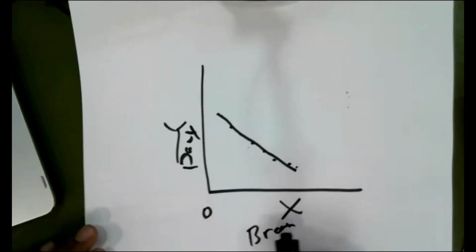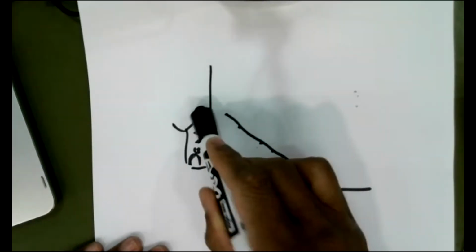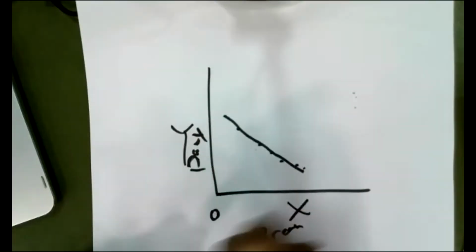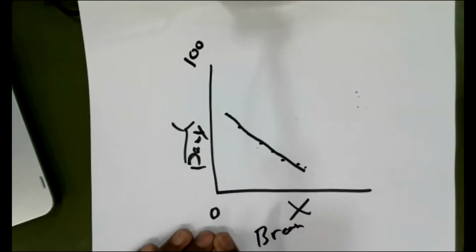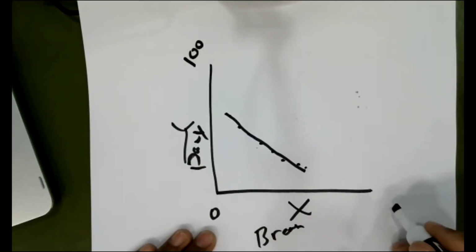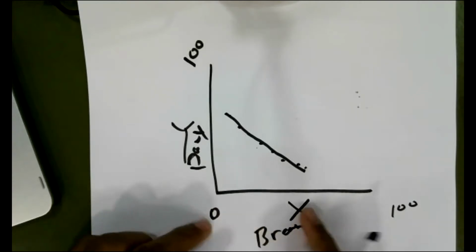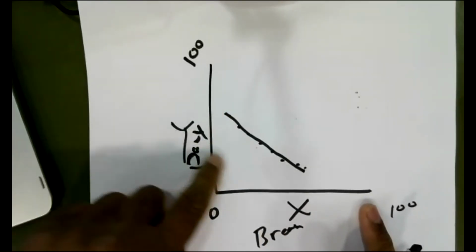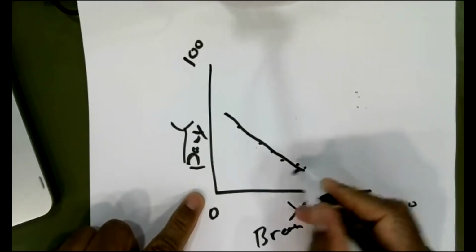Imagine we have our independent variable and our dependent variable. This is the amount of days. This is 0 days, up here perhaps 100 days. This is 0 breathing treatments, and perhaps this is 100 breathing treatments. As we increase our breathing treatments, the amount of days they stay is actually decreasing, and we can see that right here.